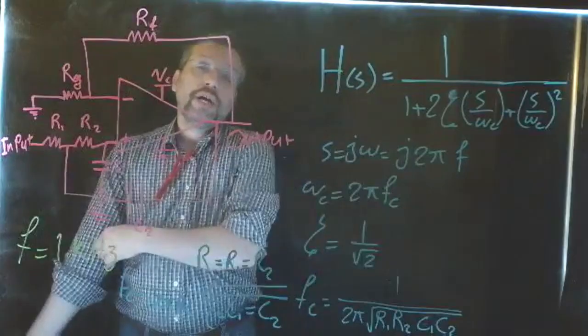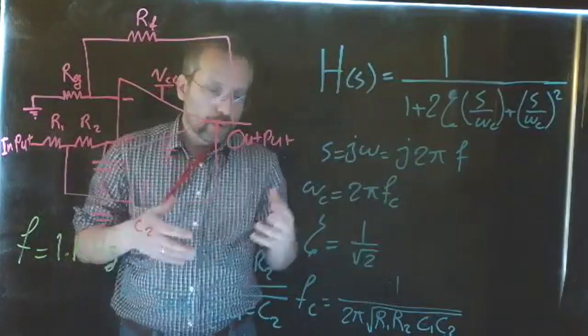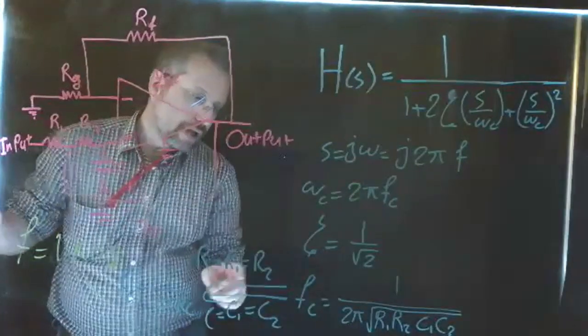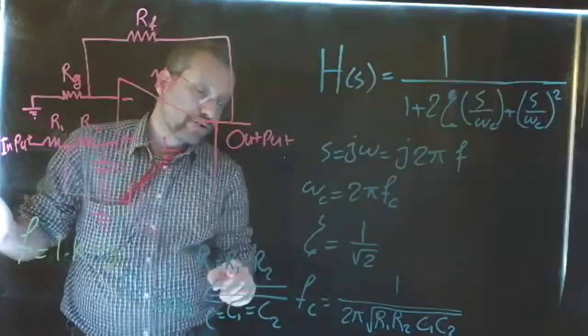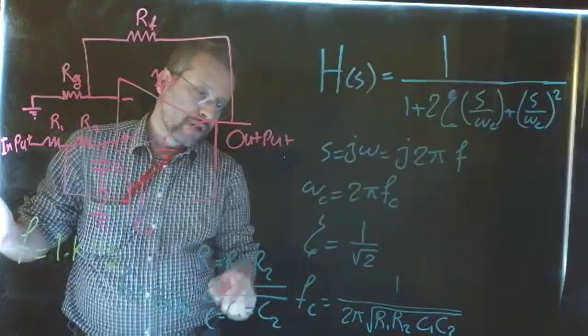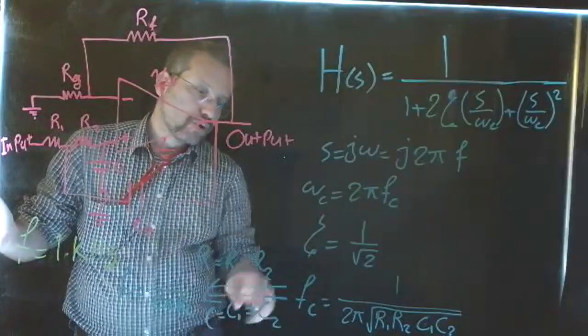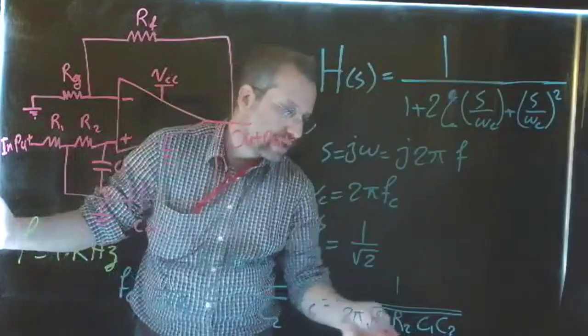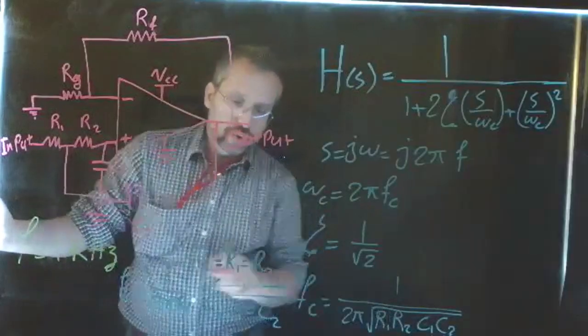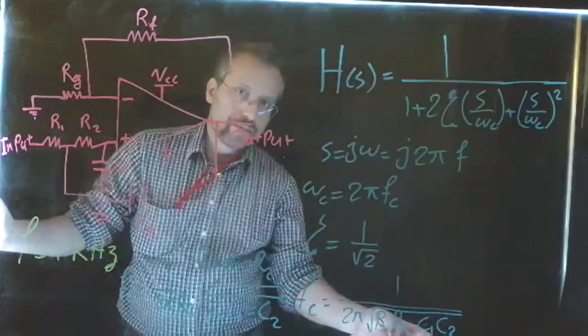Now, in our system, we normally consider R1 and R2, and we set them equal to each other. Also, we set C1 and C2 equal to each other. So if we do that, mathematically, this is going to be R squared, this is going to be C squared.